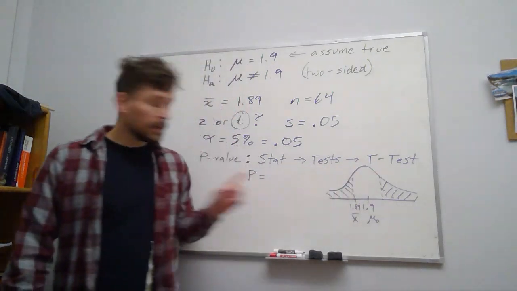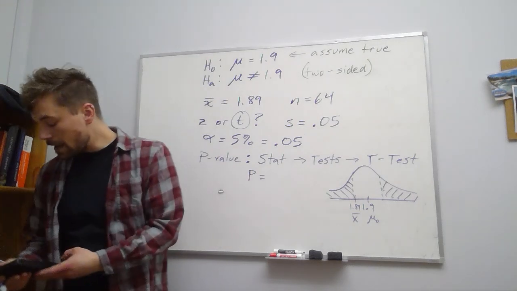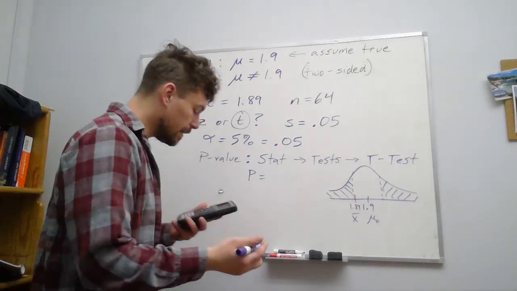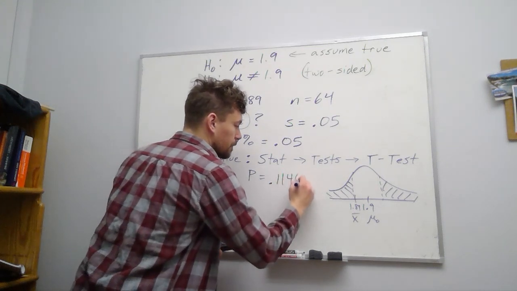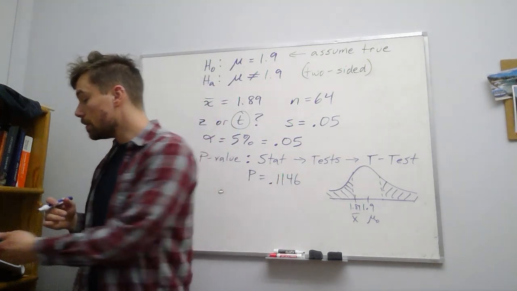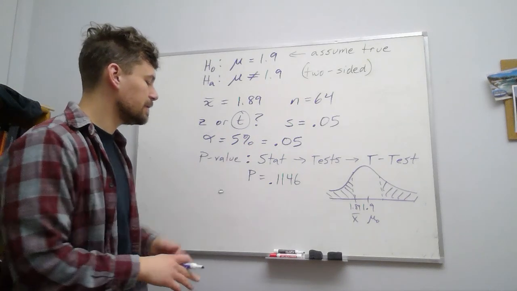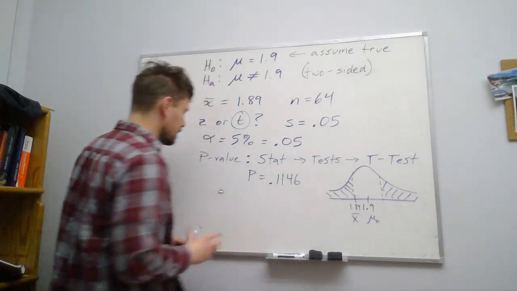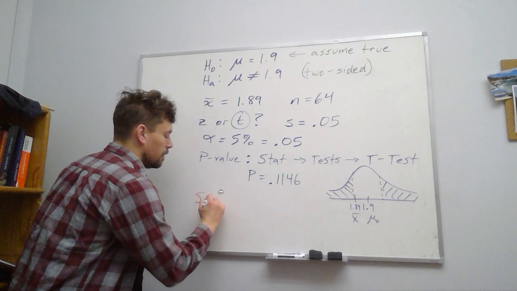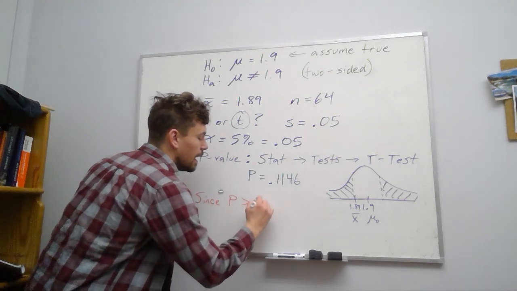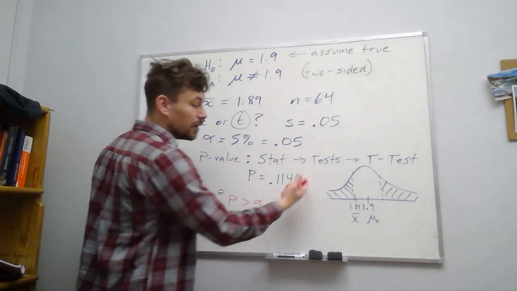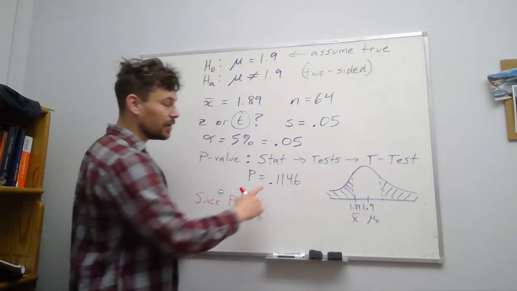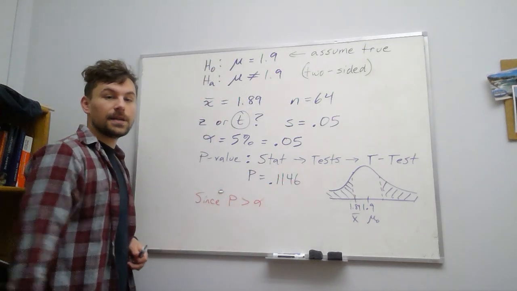So if we run through this process, we should get a p-value of 0.1146. Okay, that p-value is definitely bigger than 0.05, right? So p is greater than alpha, meaning sample results like this occur about 11.5% of the time.